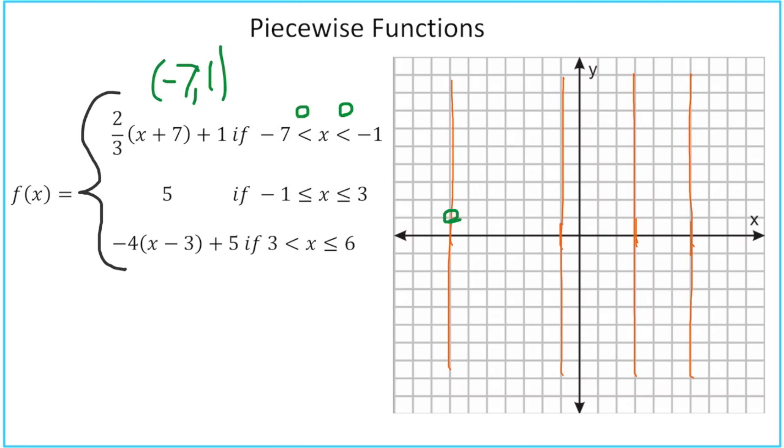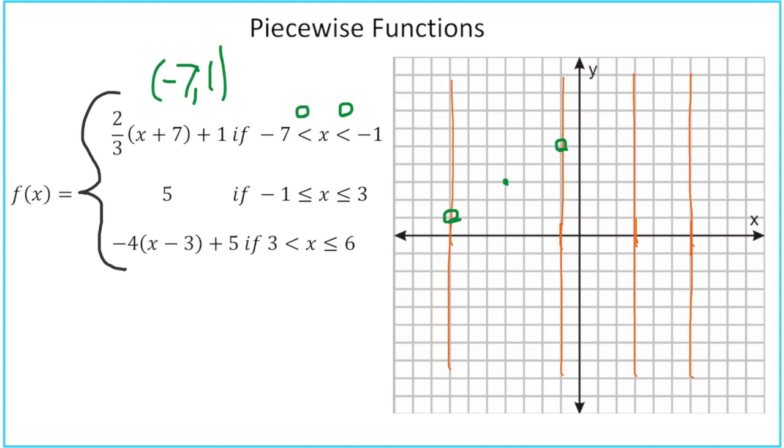And now we're going to do our slope of 2/3, up 2, right 3. And when I do this a second time, I end up at the end of this section where I put a closed point.